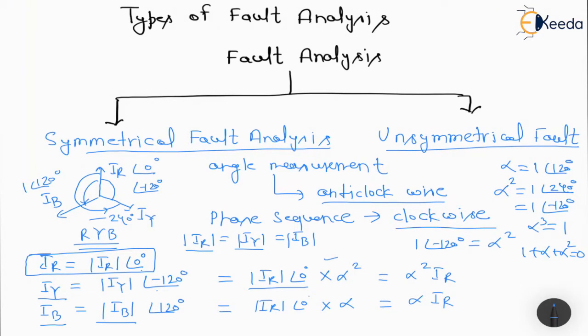If you multiply alpha square with the IR vector, you will get IY, and if you multiply alpha with IR, you will get IB. So what is the definition of balanced condition? If you are dealing with a balanced condition, you only need to calculate on a single phase basis, and by multiplying by alpha square and alpha, you can easily get the values of IY and IB, or the voltages. This is the advantage of the symmetrical condition.